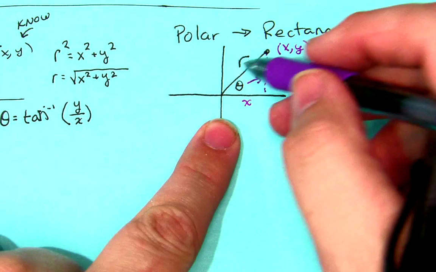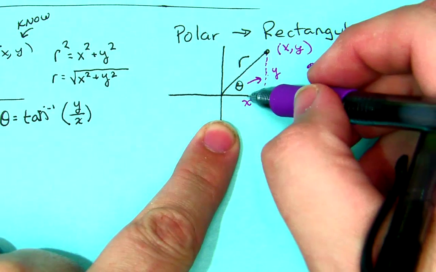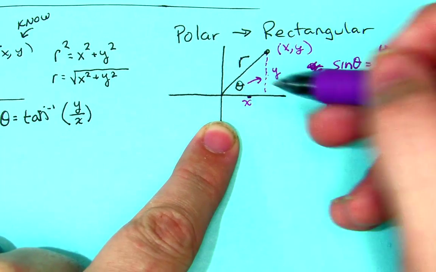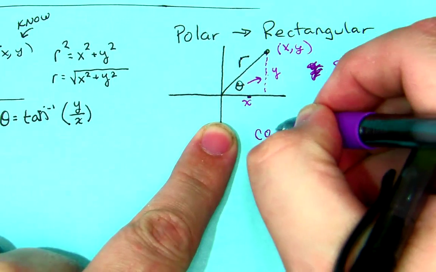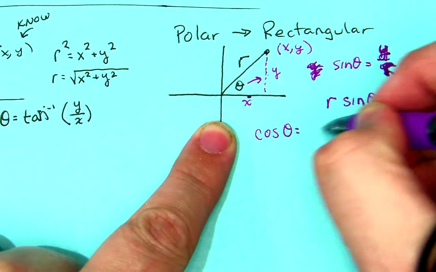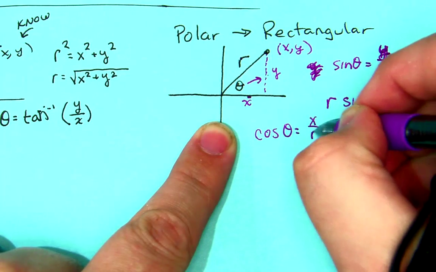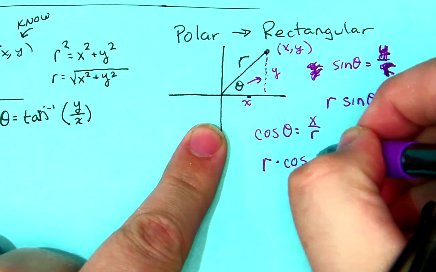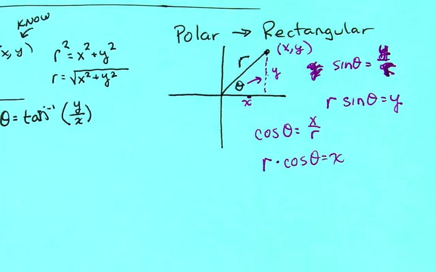Now, similarly, you have the adjacent side here, and you have the hypotenuse, and you have your angle. So you can say that the cosine, because we have adjacent over hypotenuse, cosine theta is equal to x over r. Multiply both sides by r. Get r times the cosine theta is equal to x.